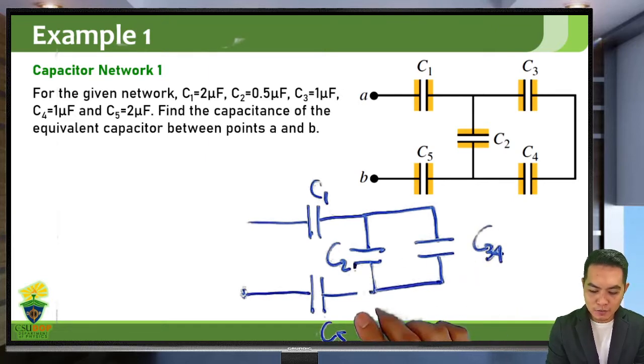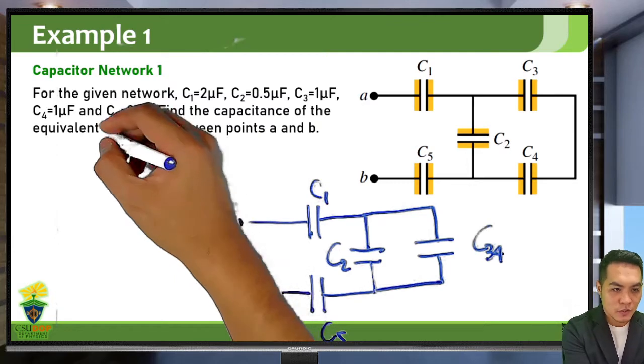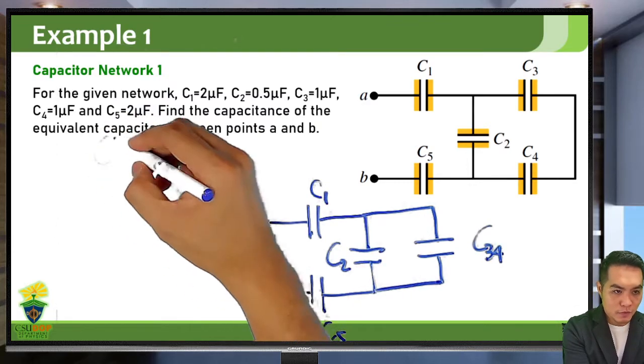Parallel connection here. By the way, let's solve for C34 first. This is a series connection, so the formula will be C34 equals 1 over C3 plus 1 over C4, to the power of -1.